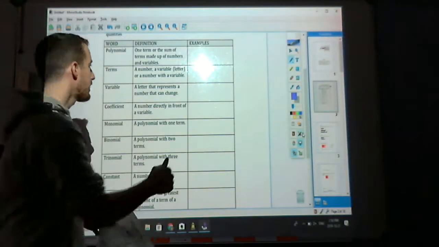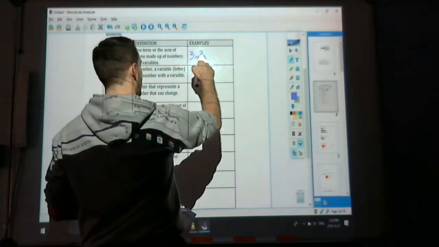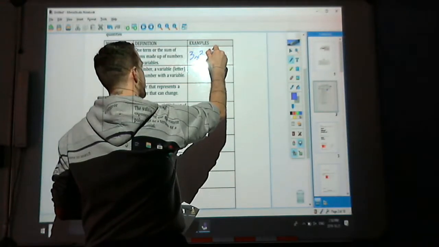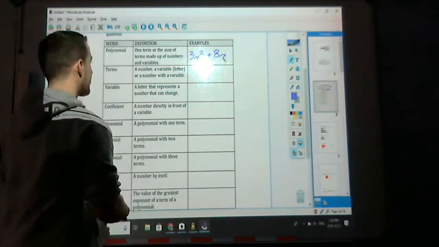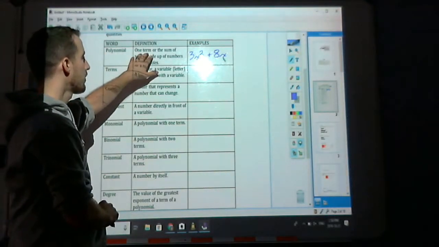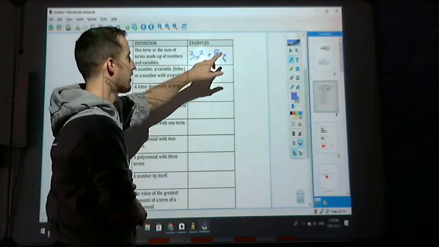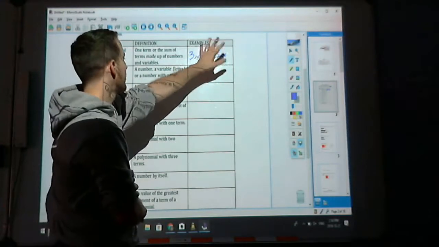So one example of that could be something like 3x squared, right? So we're using symbols. X is a symbol in this case, plus 8x. Okay, so in this example here, we have more than one term or the sum of. So here's one term and here's another term, and so a sum is an addition that make up the numbers and variables.